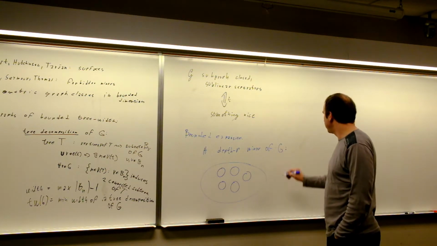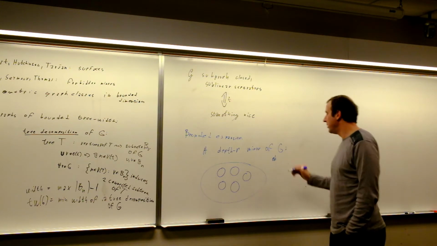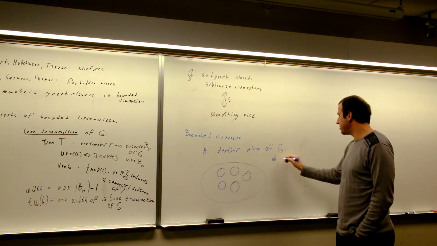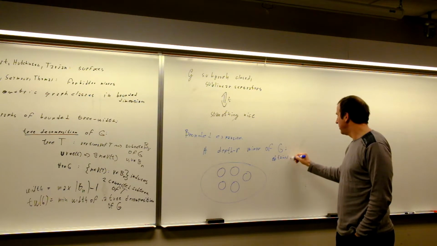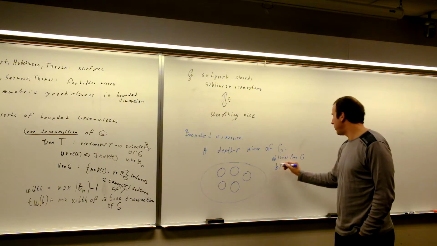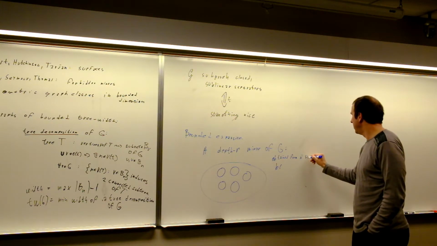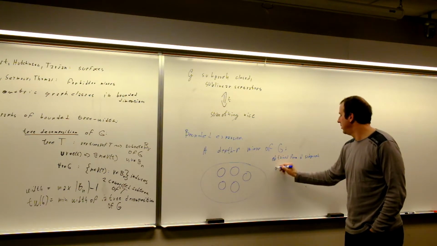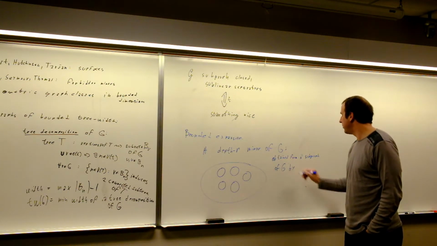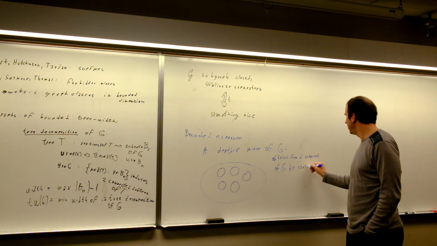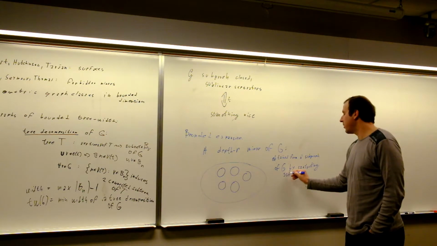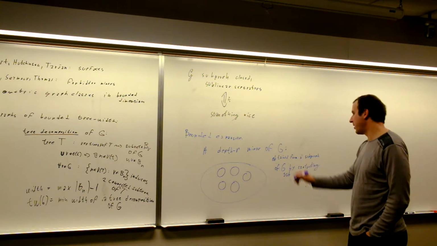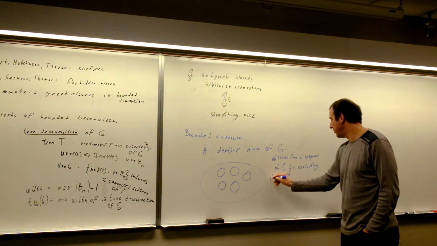So essentially, H is obtained from a subgraph of G by contracting disjoint subgraphs of radius at most r.